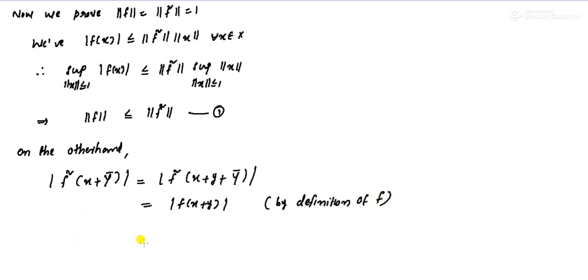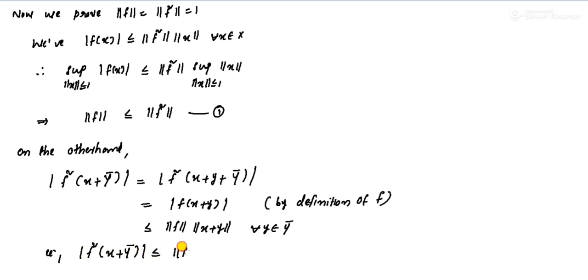Which is less than or equal to norm f into norm x plus y for all y in Y closure. This is since f is bounded, that is, mod f tilde of x plus y closure is less than or equal to norm f into norm x plus y for all y in Y closure.